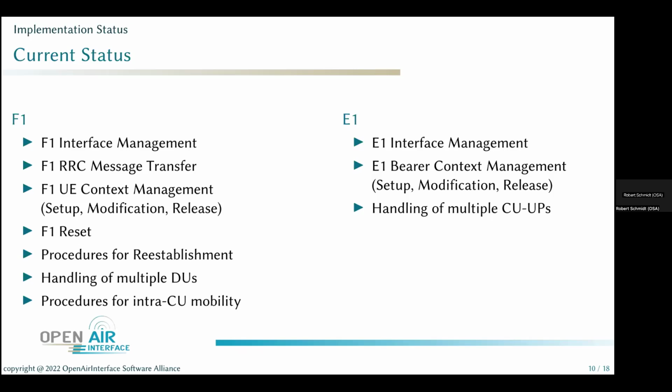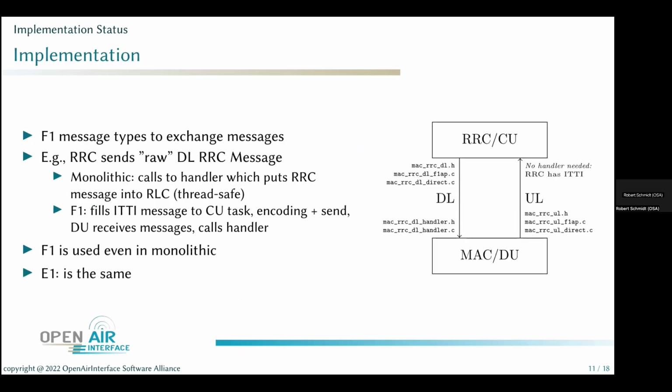Let's go forward. I wanted to talk a little bit about the implementation. I don't want to go too much into the details, but give a basic overview of how this is implemented in OAI. I think I already mentioned in the beginning that what OAI does internally, and in particular what RC and MAC exchange with each other, are basically F1 messages. This maybe sounds a little strange at the beginning, but I will have an example in a moment on the next slide.